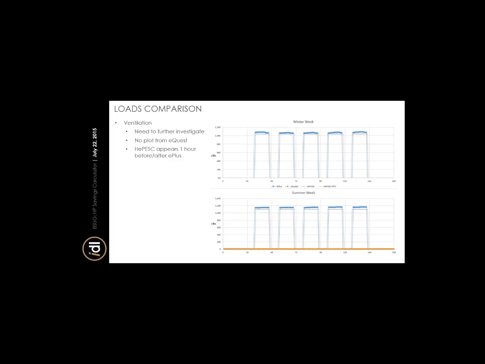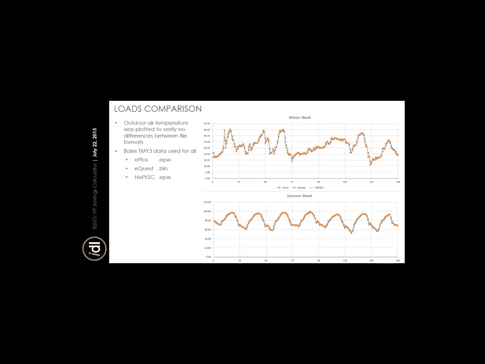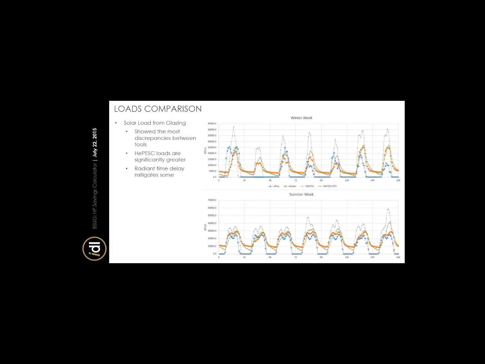And then I couldn't get the eQuest results out for this, so we'll look into that a little bit further. I did check the outdoor air, since you're using EPW or BIN files depending on which engine you're using, but they seem to align pretty well.